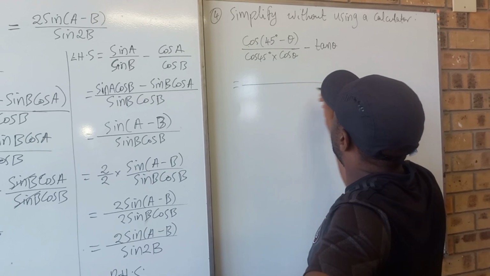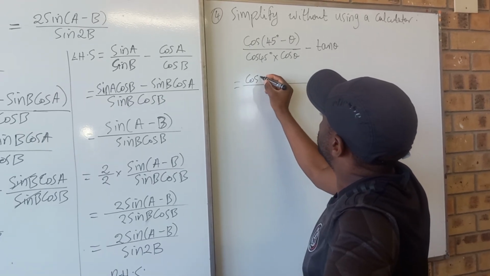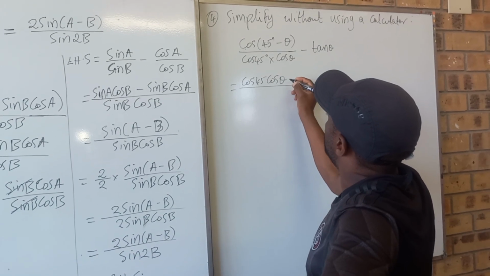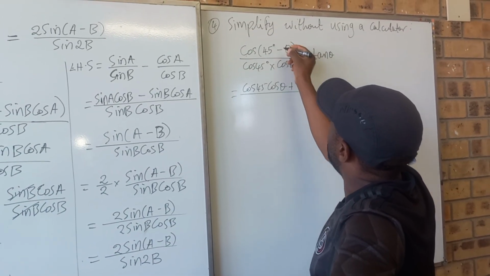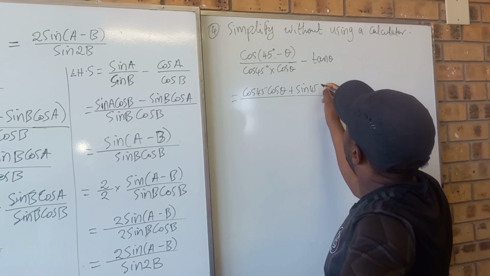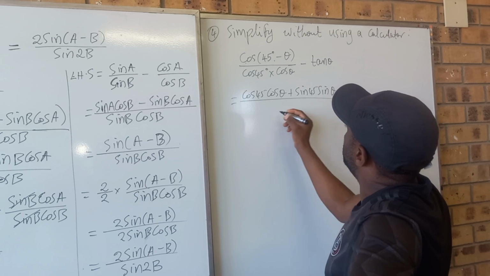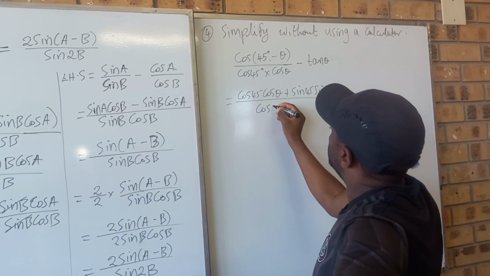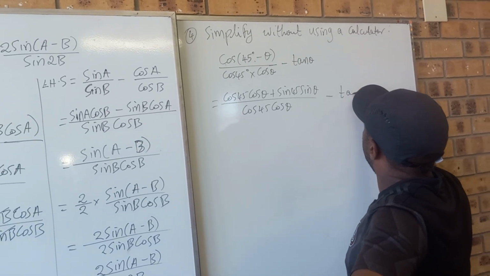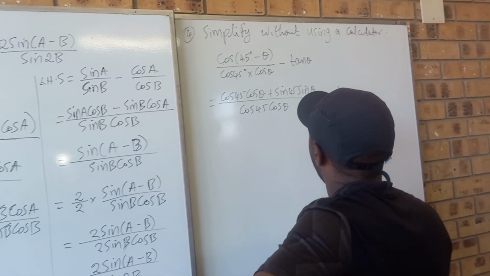They've given you the left hand side, so you will get cos 45. If I'm simplifying it, it will be cos 45 cos theta, plus the negative goes with the positive, plus sine 45 sine theta, then divided by cos 45 cos theta, then minus tan. I can leave that one like that for now.